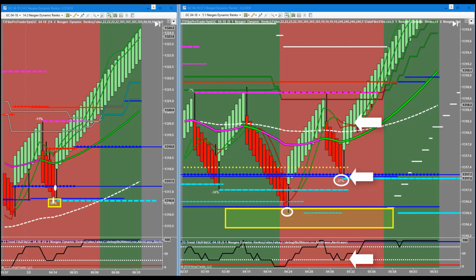And while it's not exactly a double bottom in price like it was on the 14-2 chart, it's a very, very consistent pattern that you'll see on our software, especially when there's Fibonacci support and resistance.